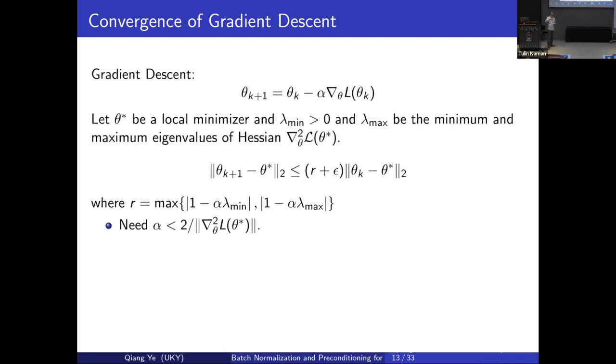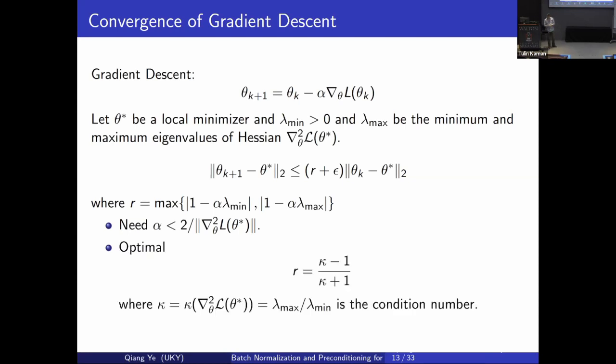So the learning rate has to be sufficiently small. If you choose the optimal learning rate, then the convergence rate is (kappa minus 1) over (kappa plus 1). That's the one you also had in yesterday's talk. Kappa is the condition number of the Hessian. So the speed of convergence depends on the condition number of the Hessian.